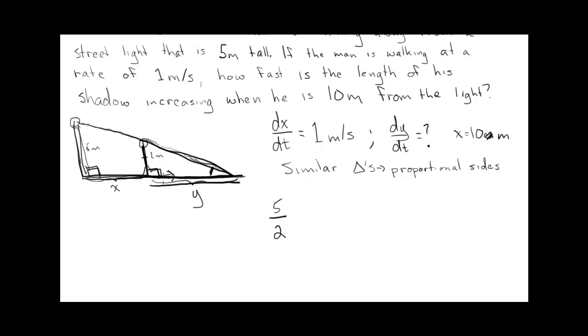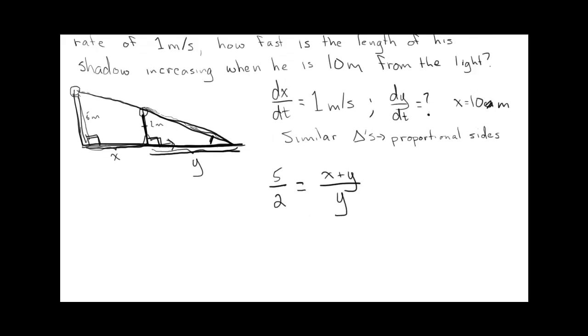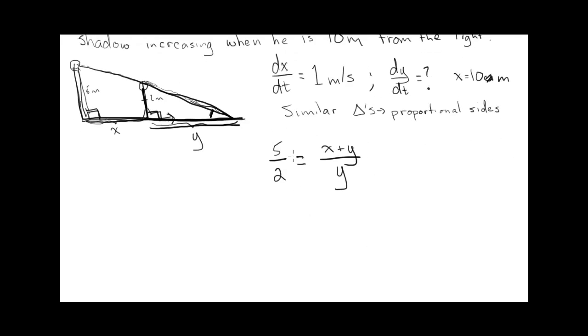So that would be x plus y corresponds with y. So these should be proportional, hence equal. The ratios are equal. So now we have a relationship between x and y.